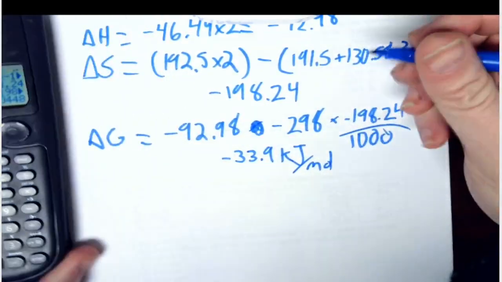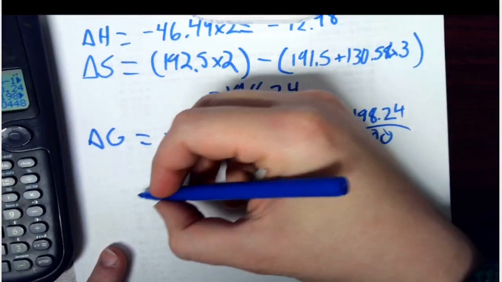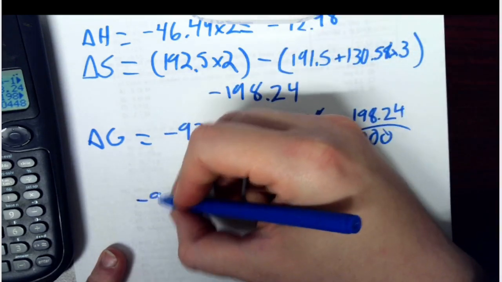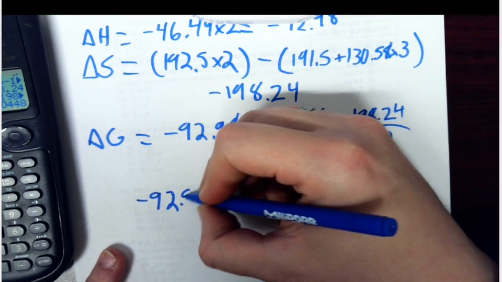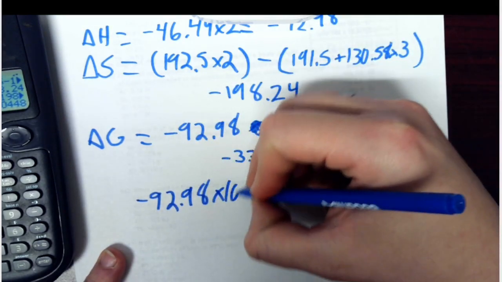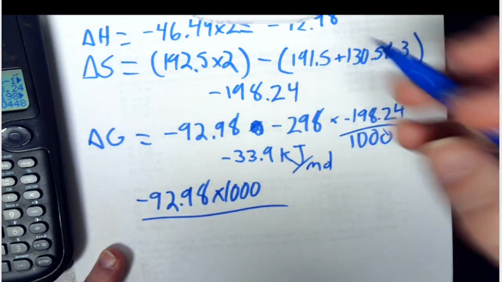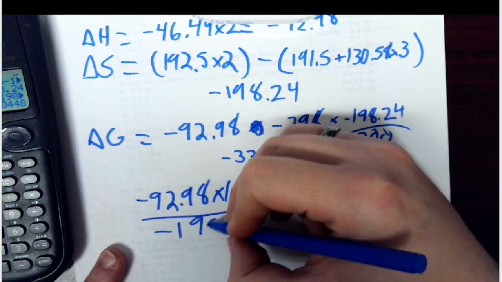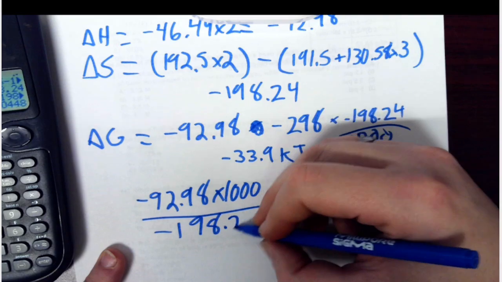At what temperature would this cease to be favored? So we're going to take negative 92.98 times 1,000, and we're going to divide it by the negative 198.24.